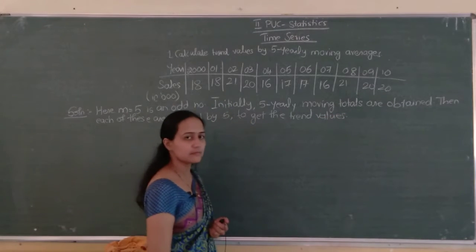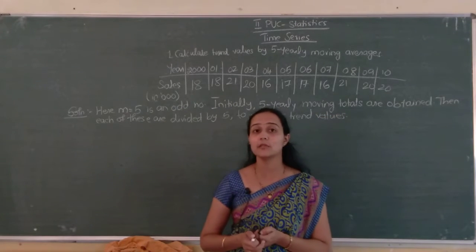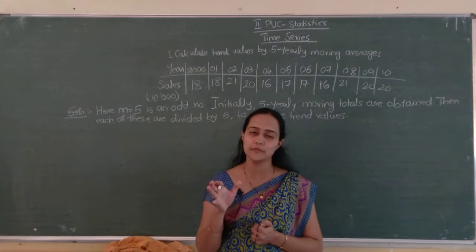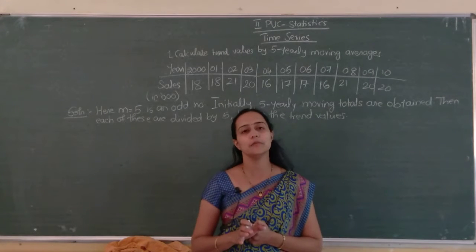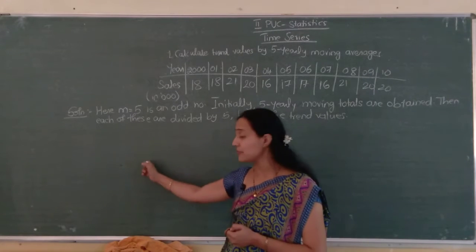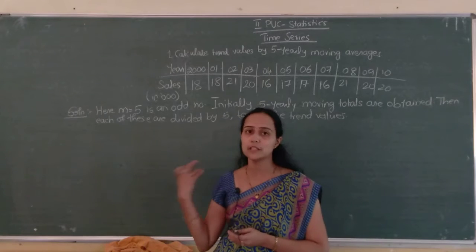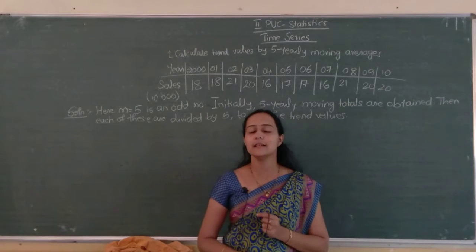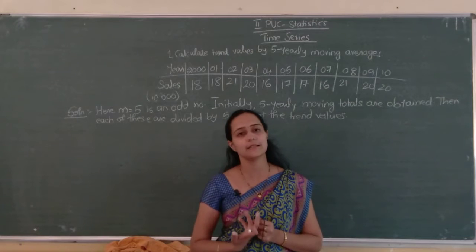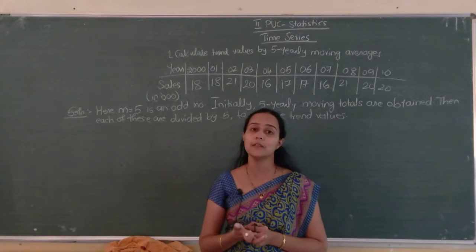Correct? Yes. Here first we have to compute 5 yearly moving totals. After that, the last column is trend values, that is 5 yearly moving total divided by 5.